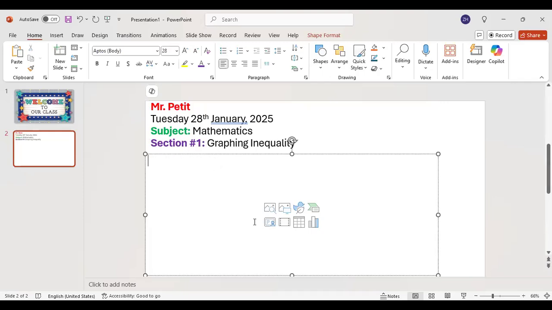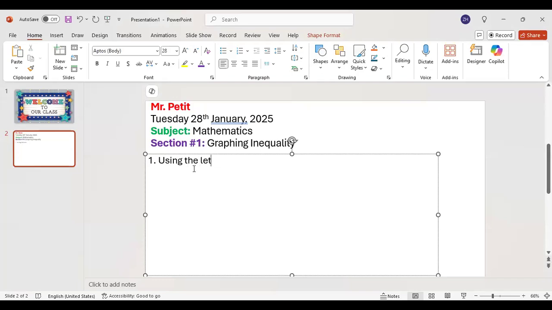And so the question says, using the letter X, question number 1.